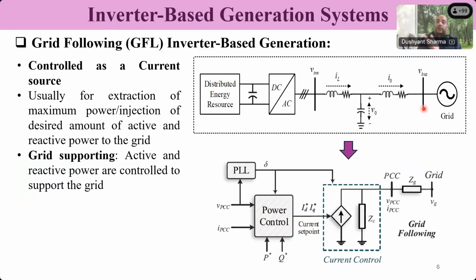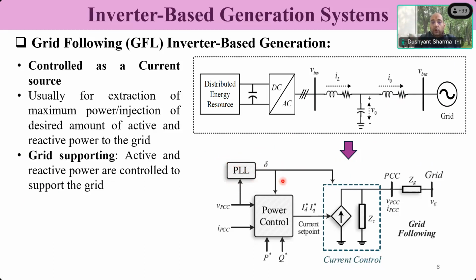So the point is, we have to first sense the phase angle of the grid voltage. How is that done? It is done with the help of a block that is called a PLL. In short, it is called a phase locked loop. What is the task of this phase locked loop? It will lock so that its output matches with the angle of the bus.